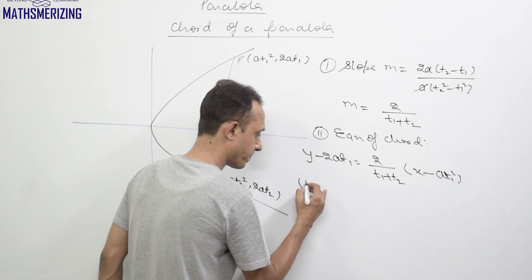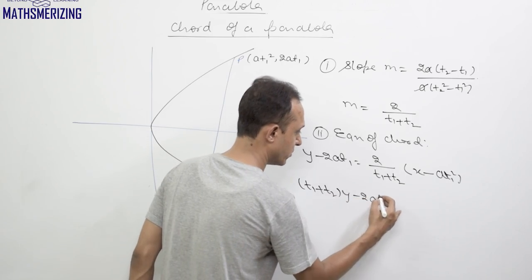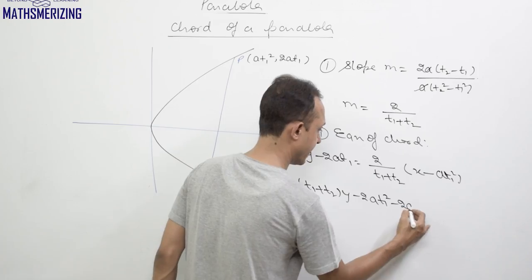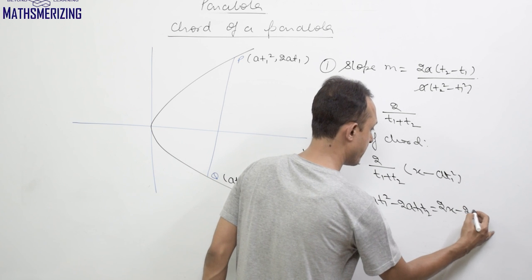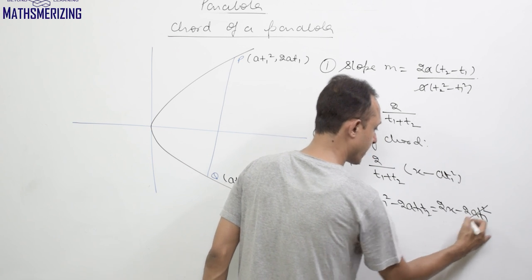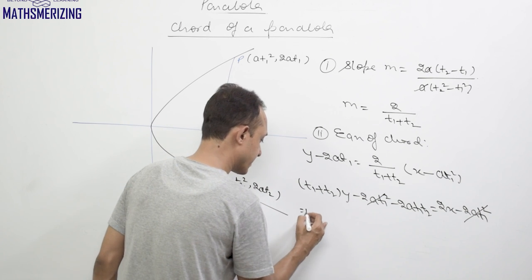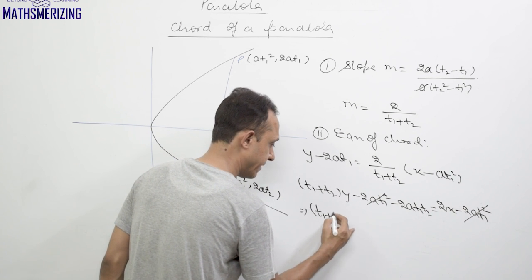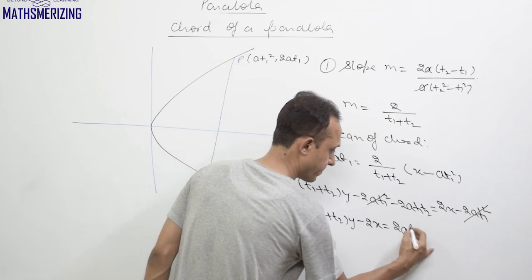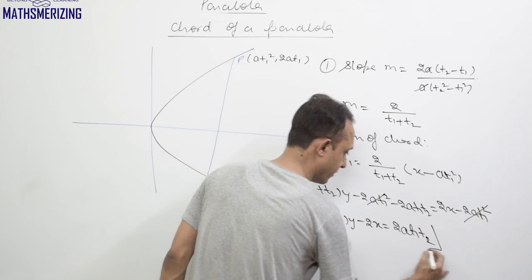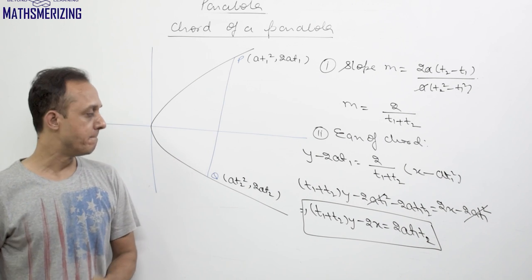We can write (t1 plus t2)y minus 2at1 square minus 2at1t2, and here we'll get 2x minus 2at1 square. So minus 2at1 square will cancel. So we can write this equation as (t1 plus t2)y minus 2x equals 2at1t2. So that is the equation of any general chord of a parabola.